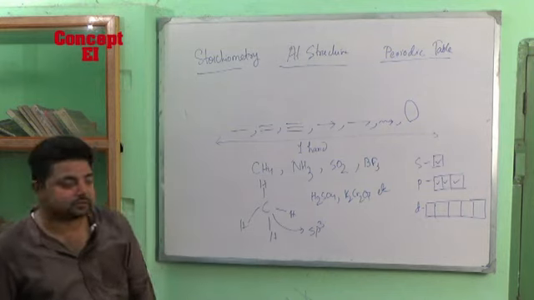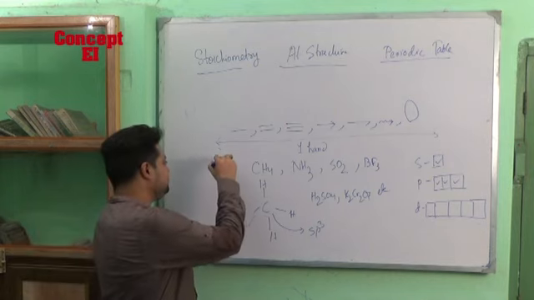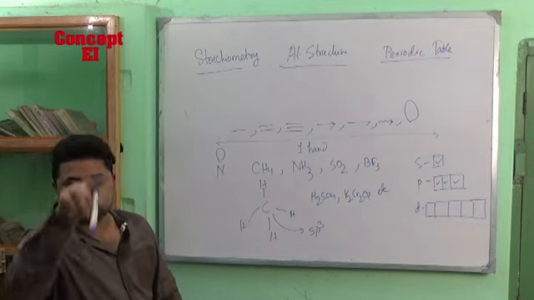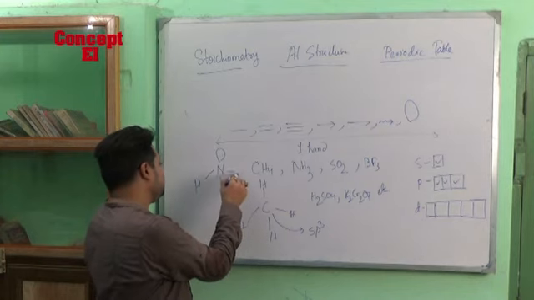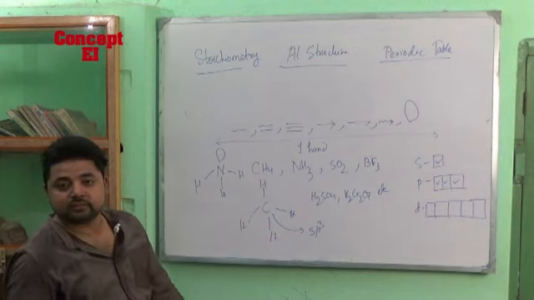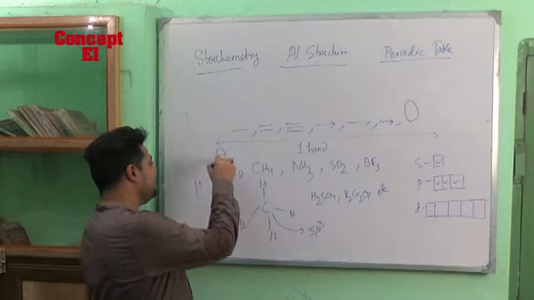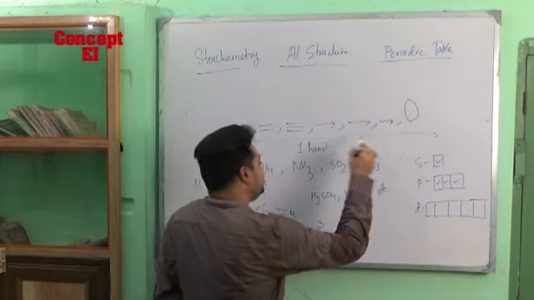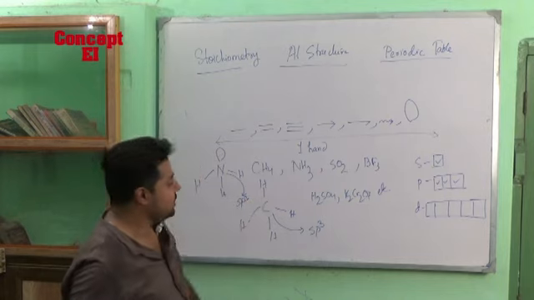Now NH3, again nitrogen has 1 lone pair and 3 single bonds with 3 hydrogens, hydrogen completing its duplet, nitrogen completing its octet. How many hands? You have to consider the lone pair also. 1, 2, 3, 4. Again it will be sp3.